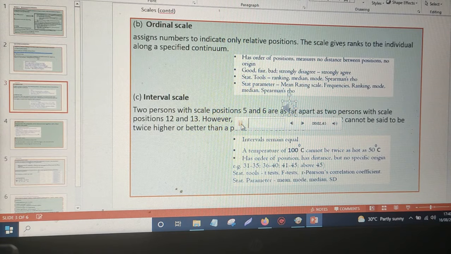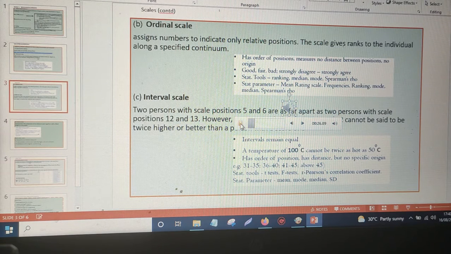Ordinal scale. Ordinal scale assigns numbers to indicate only relative positions. The scale gives rank to the individual along a specified continuum. This is what is called ordinal scale. It is also possible to categorize them. They have order, however, they have other positions.